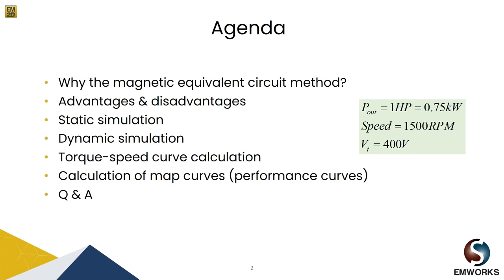Then we will discuss the static simulation of the induction motor, then dynamic simulation, and torque speed curve calculation of the motor, and then calculation of performance curves and map curves like efficiency map, iron loss map, and copper loss map, right? The motor presented in this webinar is a 1 HP induction motor, and the number of poles is equal to 4.